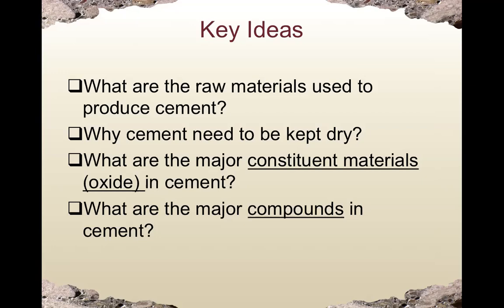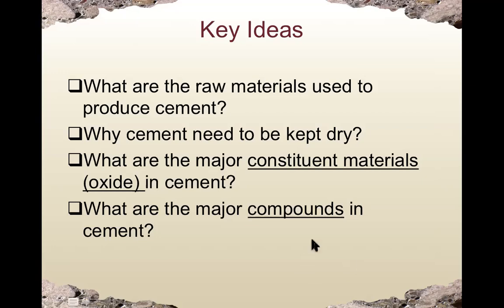Why does cement need to be kept dry? If we mix water with cement, it will react. We'll talk about this reaction in lecture number 3 next time. What are the major oxides in cement? Calcium oxide, silica oxide, aluminum oxide, and ferric oxide, together with some sulfate oxide to produce gypsum.